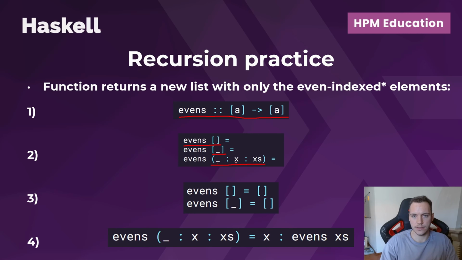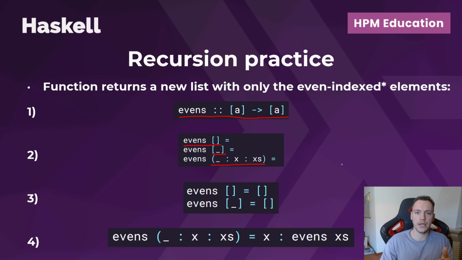X in this case is the second element of the list, and XS is the tail of the list. So we can pattern match on lists with multiple elements, and we can always use XS as the rest of the list. But the thing is, we can only go from the front, right? From the first element, second element, and then the rest of the list in this case.